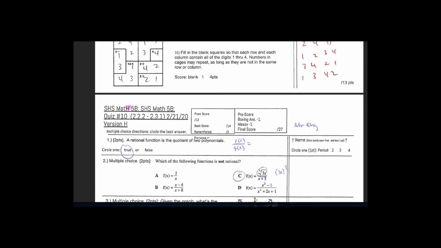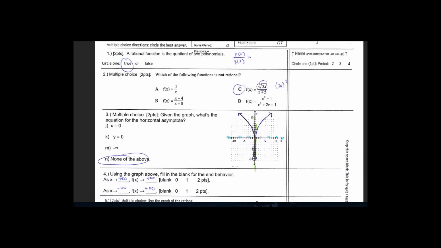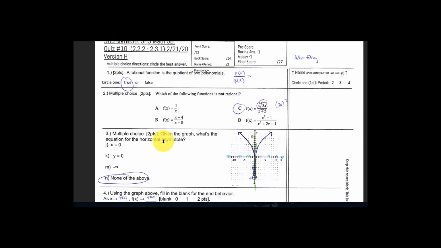So 13 on the back, and then we count on the front. 2, 4, 6, 8, 10, 12, 14, 16. So that is correct.